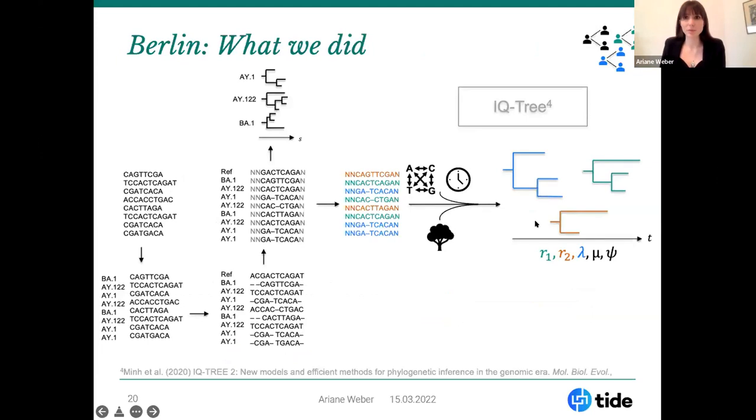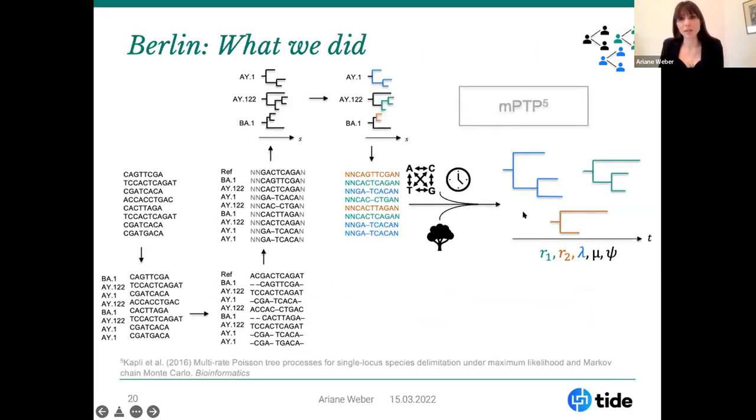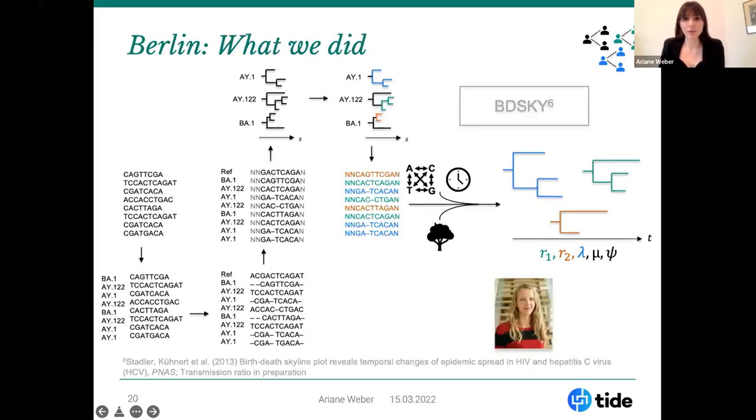We build maximum likelihood substitution trees for all of the pangolin lineages using IQ-TREE, and then run mPTP on it to define these genetic clusters, which we use as approximation to the transmission chains. And then using the BD-SKY setup, as I've just shown it, and again an HKY substitution model and the strict clock model, we went ahead to analyze these in BD-SKY, inferring this transmission scaling factor for the Omicron variant.